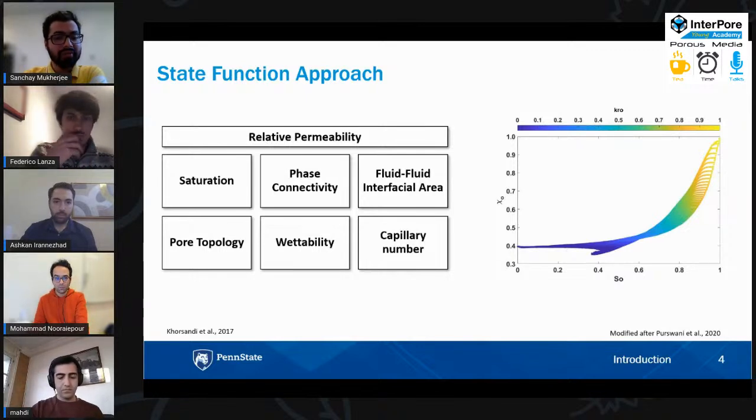We could, however, see here that when the flow direction changes at the same point of S and X, the relative permeabilities obtained from the pore network model were different for the same saturation and same connectivity. Thus, saturation and connectivity might not be the only two deciding parameters for relative permeability.